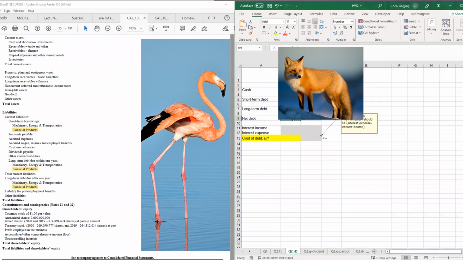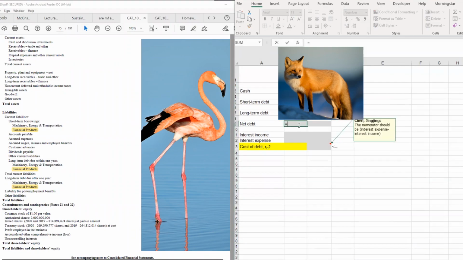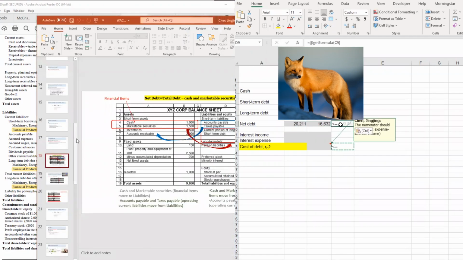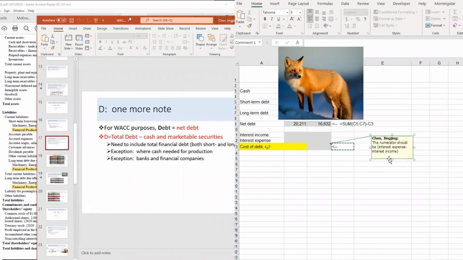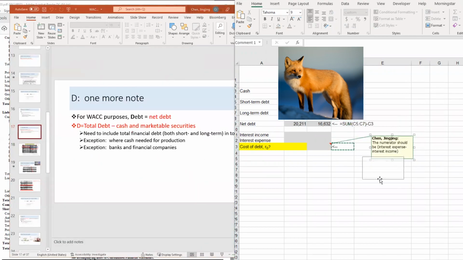So then we can start our calculation, which is equal to the sum of debt minus cash. The formula here, we have explained it in class. The reason that we are subtracting cash is because we're using net debt to measure the book value of debt.